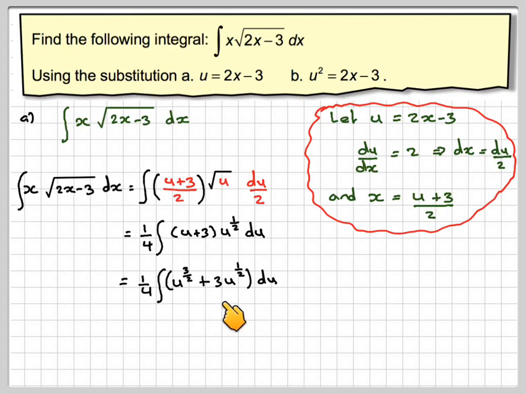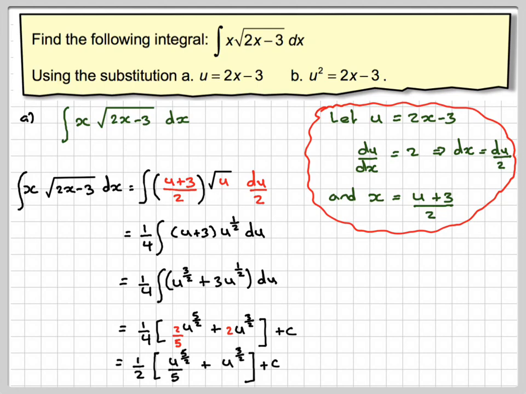So we're now in a position where we can integrate that, so that becomes 1/4. Add 1 to the power here, so we get 5 over 2, but you multiply by 2 over 5. And here you get u to the 3 over 2, but you multiply by 2 over 3, so that 3 will cancel out. We're just left with a 2 at the top here, plus c.